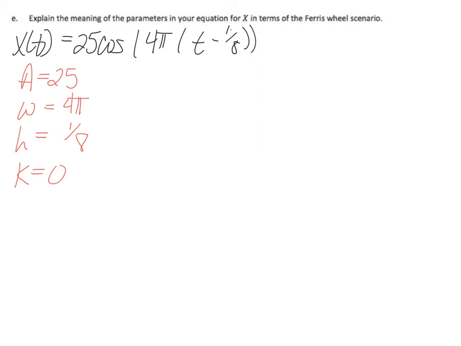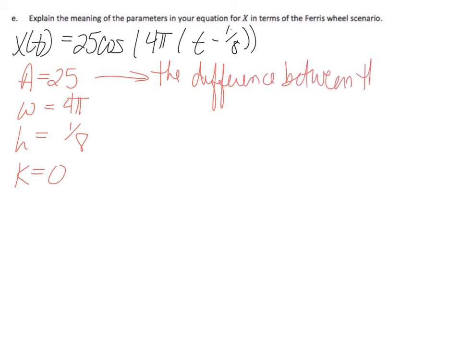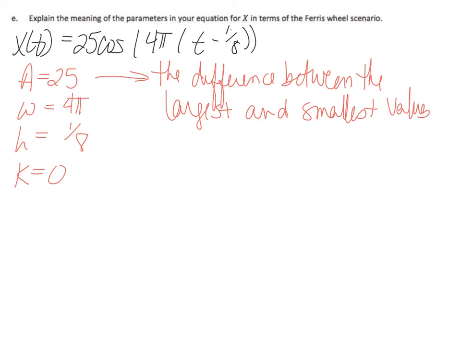So amplitude is 25, which means the difference between the largest and smallest values of the co-height is 50 feet. Because our maximum is 25, our minimum would be negative 25. So we now have the diameter of the wheel.